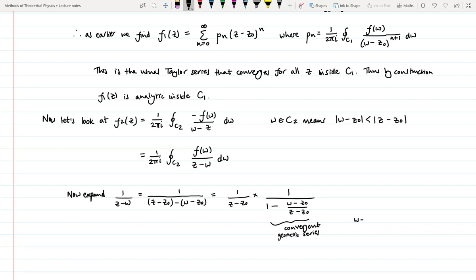As long as the absolute value of (w minus z naught) over (z minus z naught) is less than 1. I'll therefore write that this is a convergent geometric series outside the circle C2.